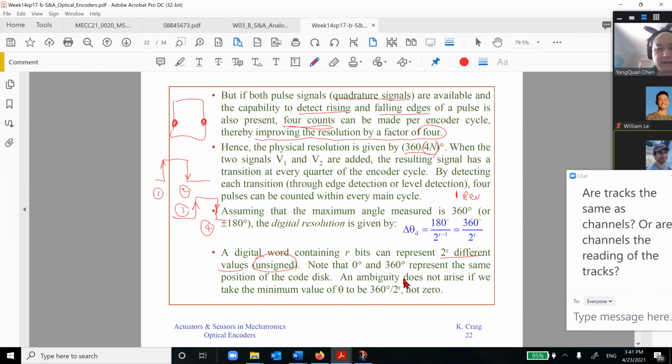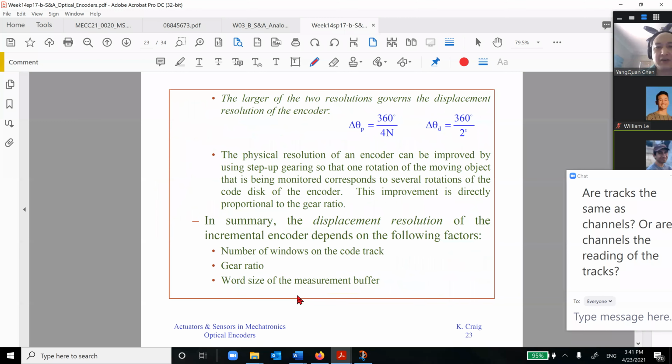So in other words, 0 and 360 is the same position, so you may have ambiguity, and you should distinguish this. So the displacement resolution of the encoder is governed by this number of physical windows n times 4.